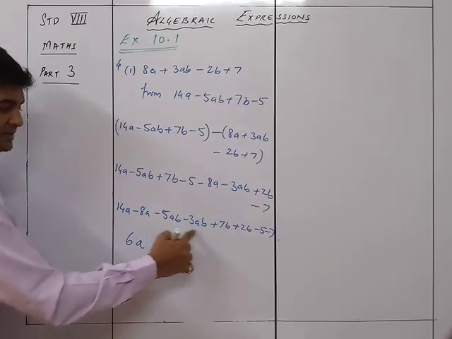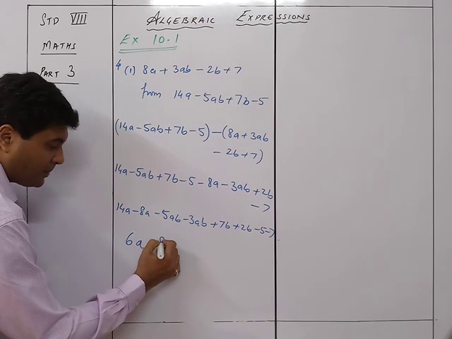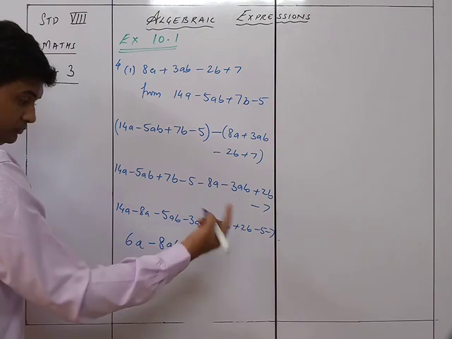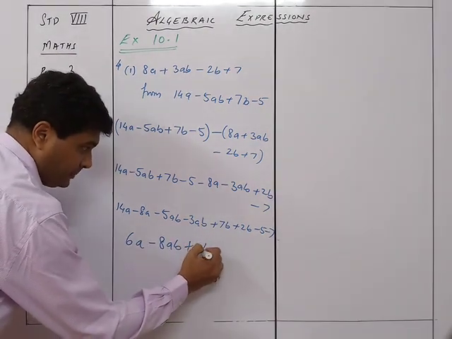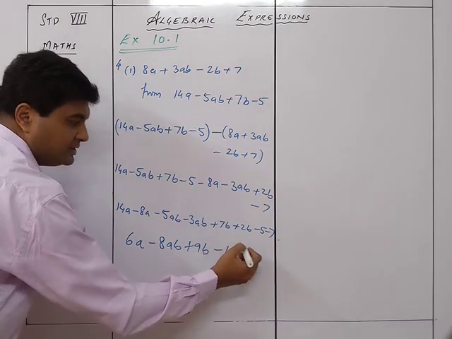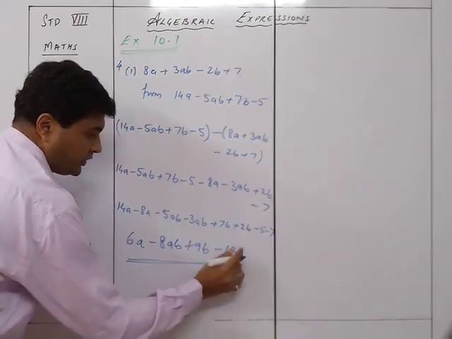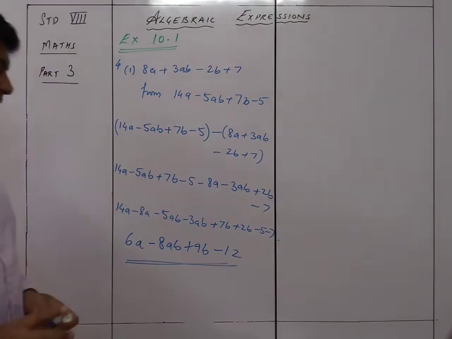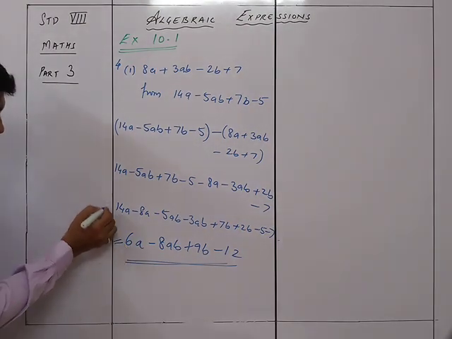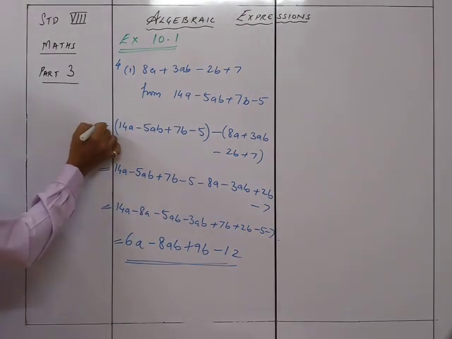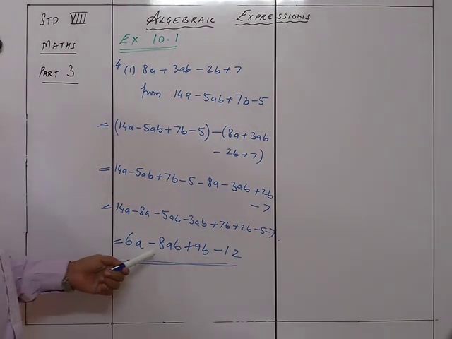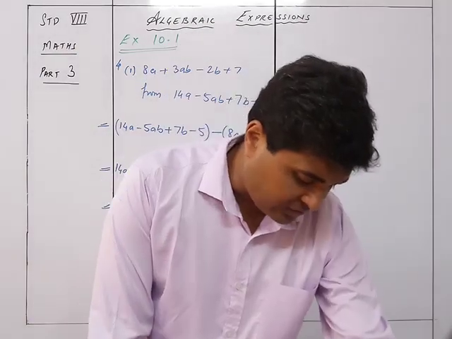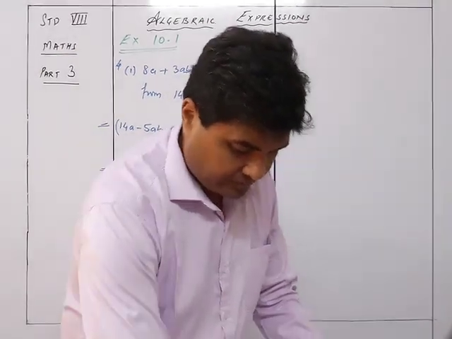Minus 5 minus 3 will be minus 8, both are negative, so minus 8ab. Plus 7 plus 2 is 9, so 9b. Minus 5 minus 7 is minus 12. So the answer is 6a minus 8ab plus 9b minus 12. That will be the answer for sum number 4, first.